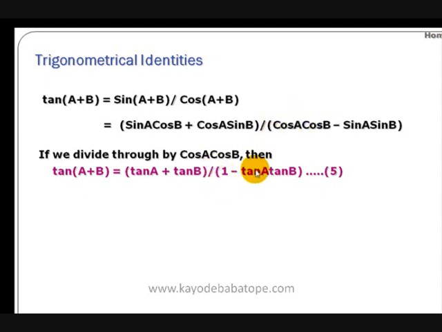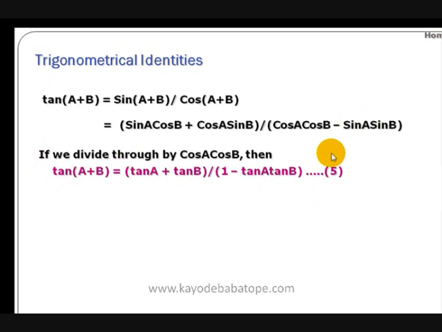That gives you 1 minus sin A sin B over cos A cos B. Nothing is going to cancel out at this point, so you are going to be left with sin A over cos A times sin B over cos B. Sin A over cos A is what? Is tan A. And sin B over cos B is what? Is tan B. So you are going to be left with tan A tan B.